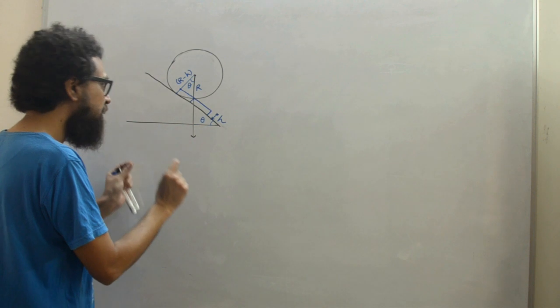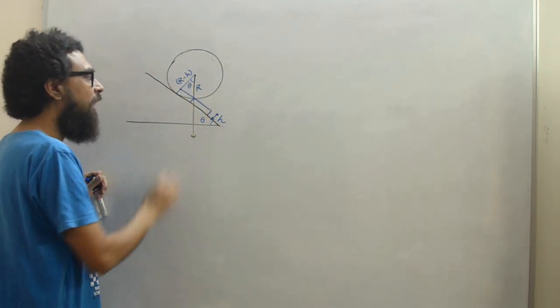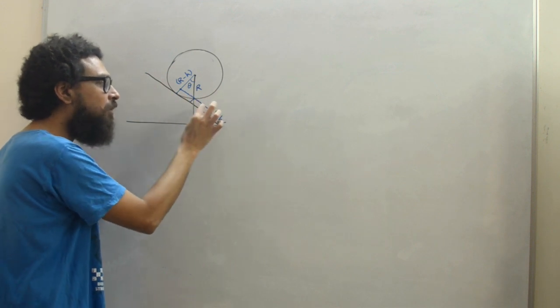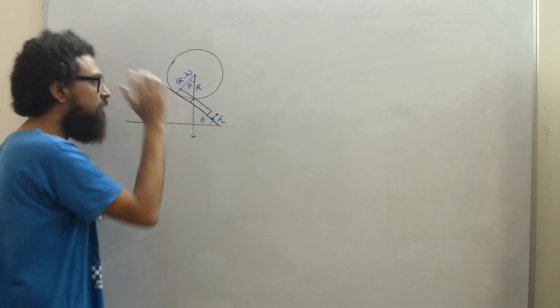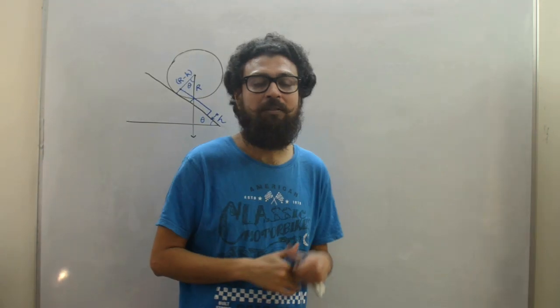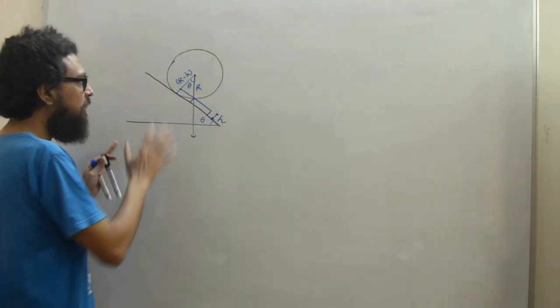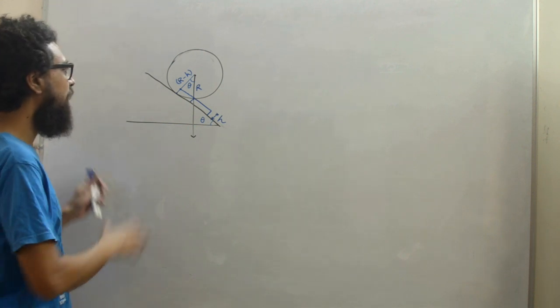What information have they given to us? They have given us the radius of this sphere, and the height of this block or wedge which keeps the sphere from falling, at equilibrium. Here is the diagram.